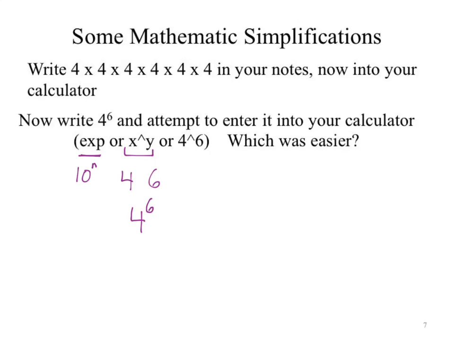Last one, which is probably the one I'm most comfortable with, is the caret symbol. The caret raises that number to the 6th, making the next number your exponent. Make sure you are comfortable doing this on your calculator because it can make your calculations a whole lot easier. Questions about that?